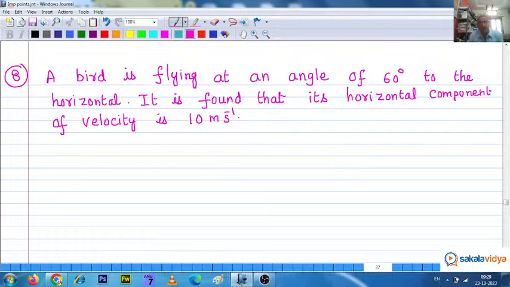Find its velocity and its vertical component.